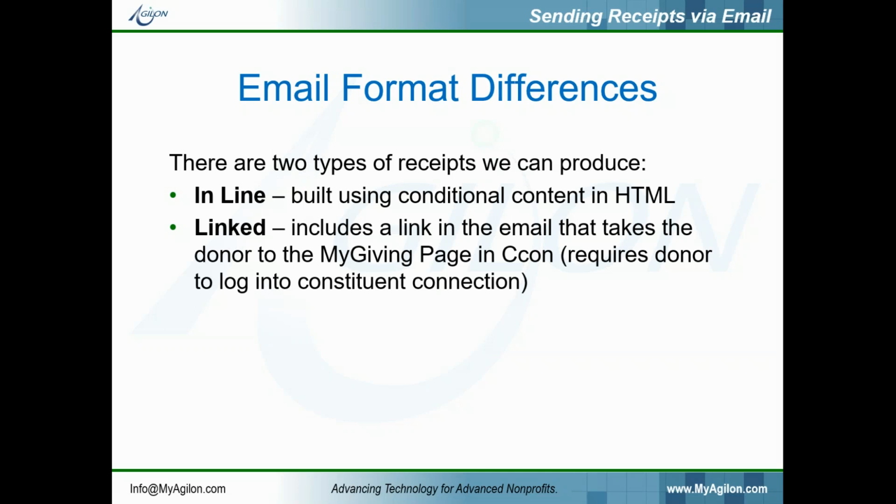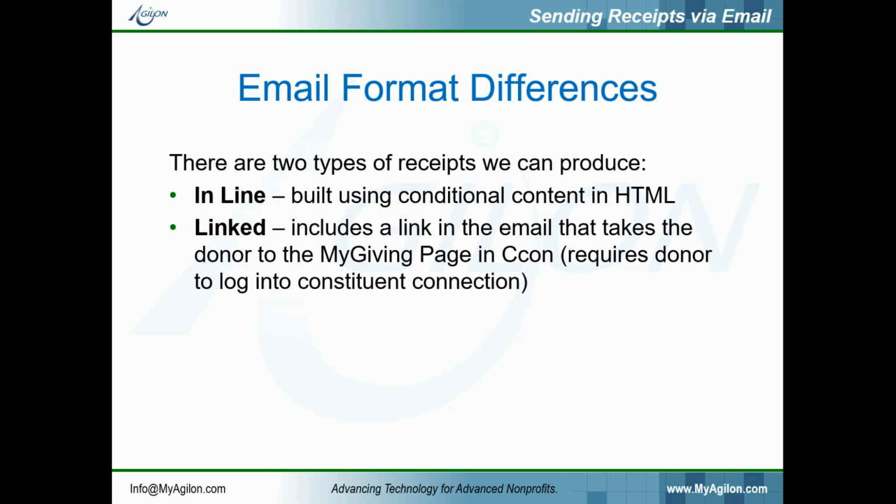It relies more on the HTML and the query to deliver information directly into an email, so that when somebody gets the email receipt, they're going to see all of the individual rows of giving that they have. So they'll see a gift on a certain day from a certain fund for a certain amount, and underneath that, the other gift that they gave, if there's multiple gifts or multiple designations. So they'll actually see the receipt as part of the email.